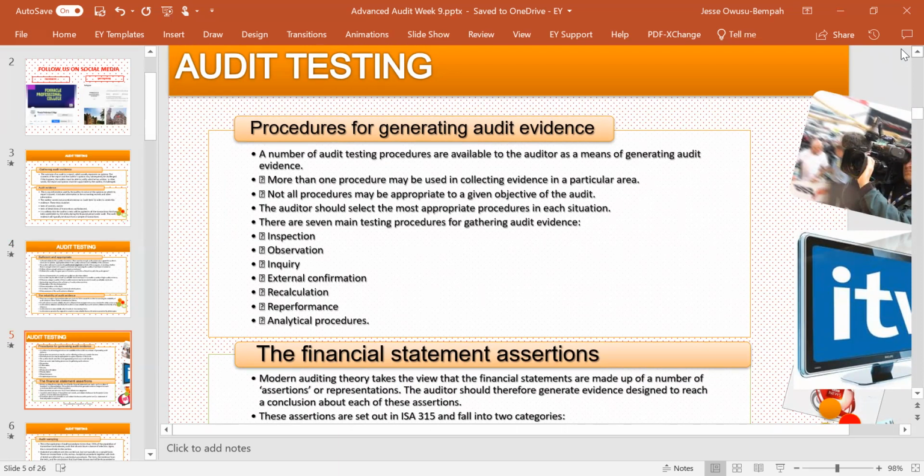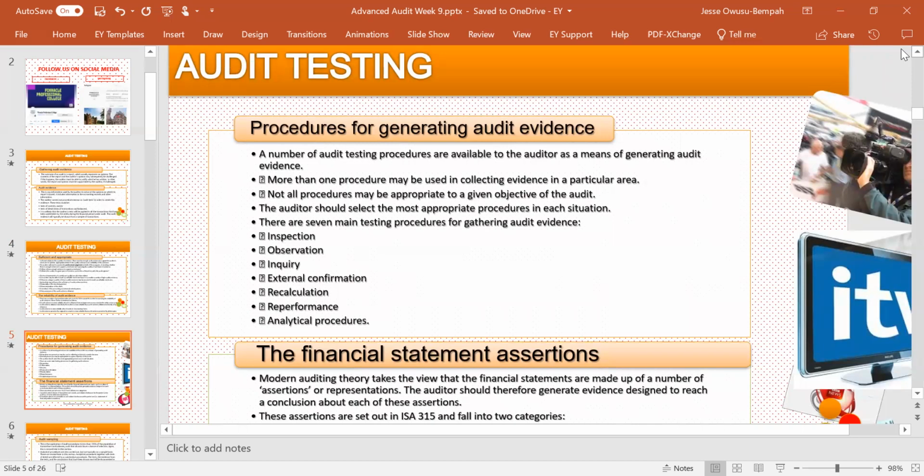Now, there are 7 main testing procedures for gathering audit evidence. Please, these 7 procedures are extremely important, so please follow me carefully. Number 1 is inspection. So you can inspect documents.